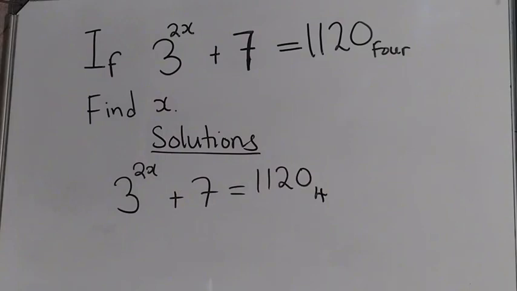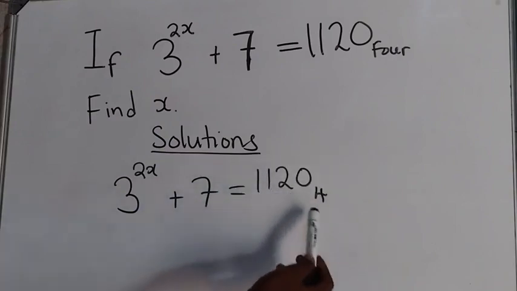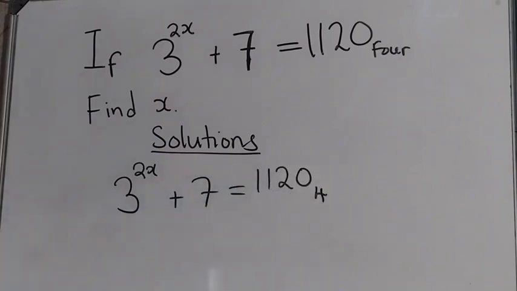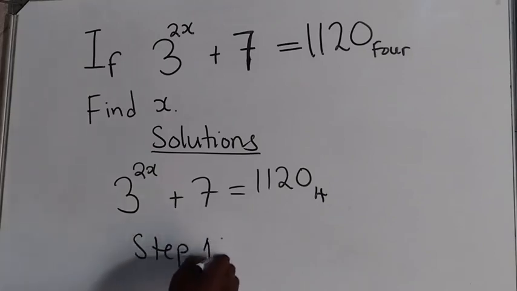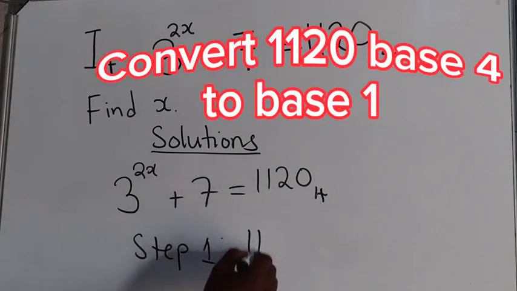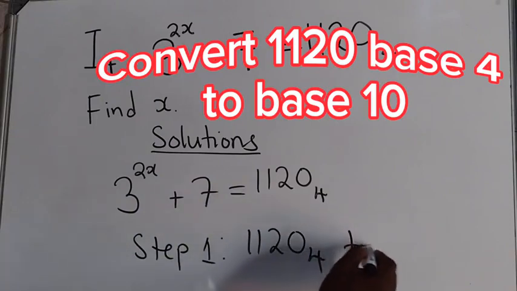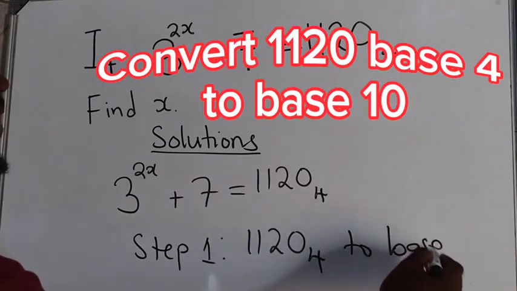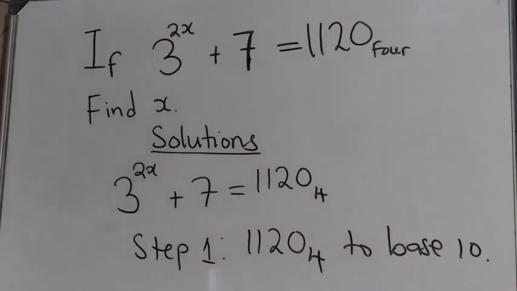So it becomes very difficult for you to answer this question looking at this answer, because it is base 4. So step 1, what are you going to do? You are going to convert 1120, which is in base 4, to the natural base, which is base 10. That is our step 1.